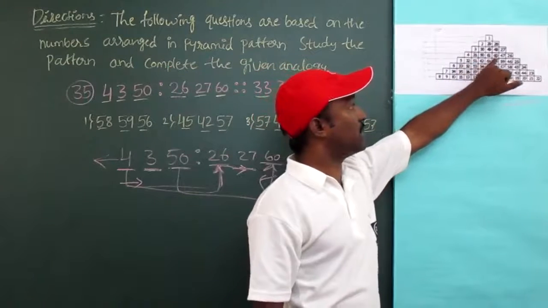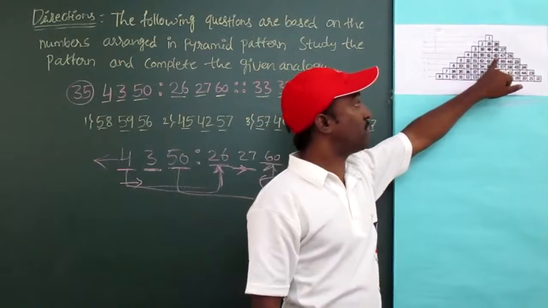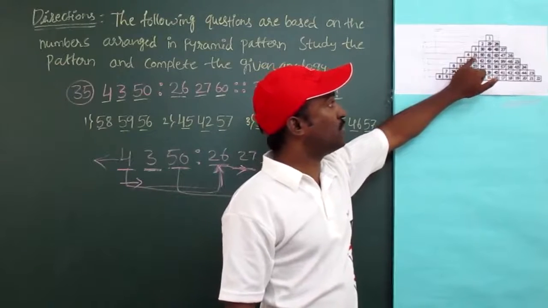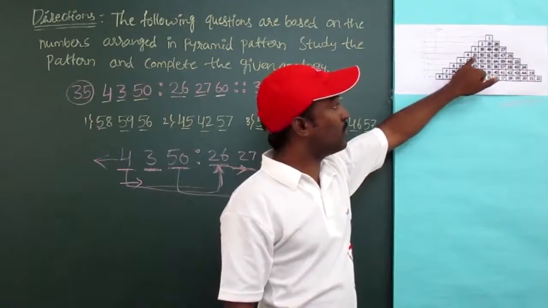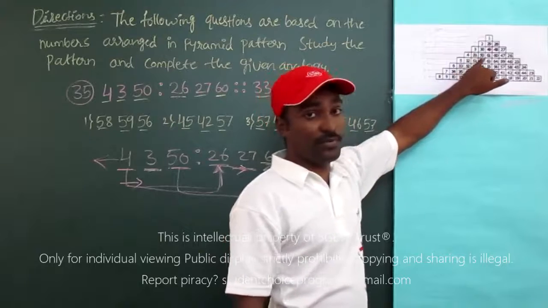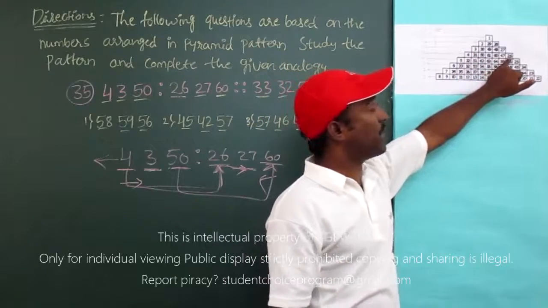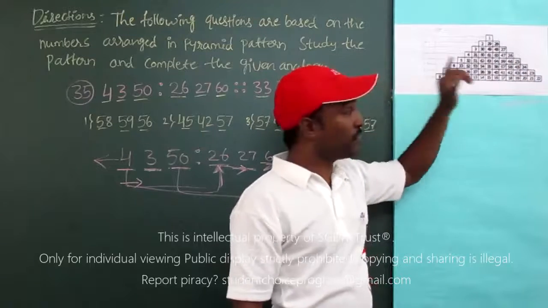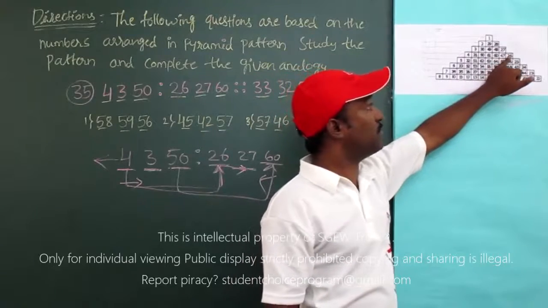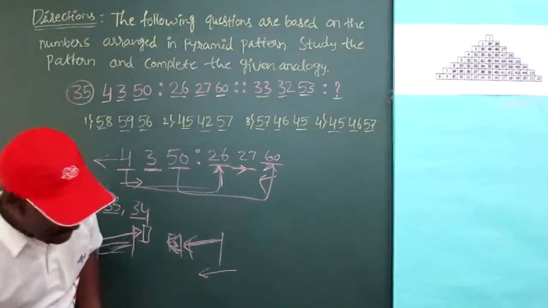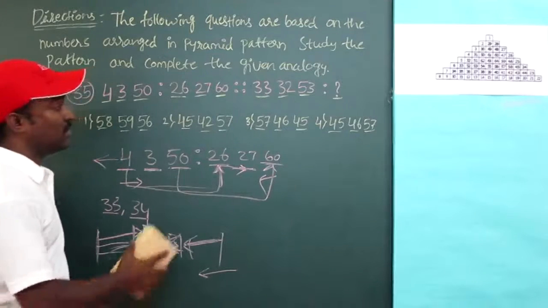If you observe carefully, before 50 there are 2 numbers left, total 2 numbers. And if you observe even more carefully, there are 2 numbers left after 60. Now using the same analogy, I can find this missing number.